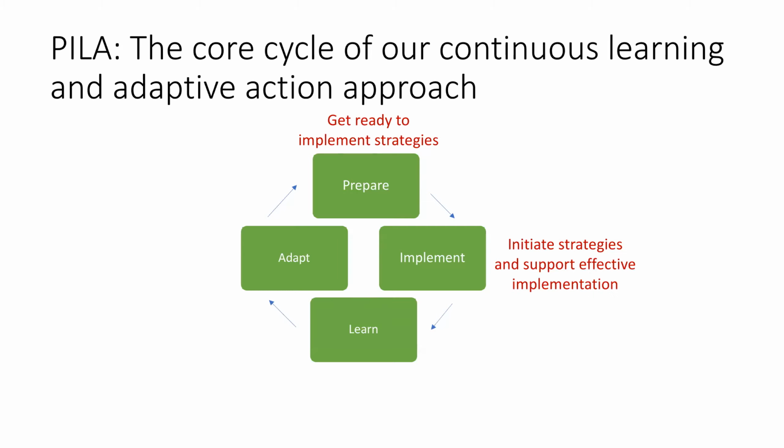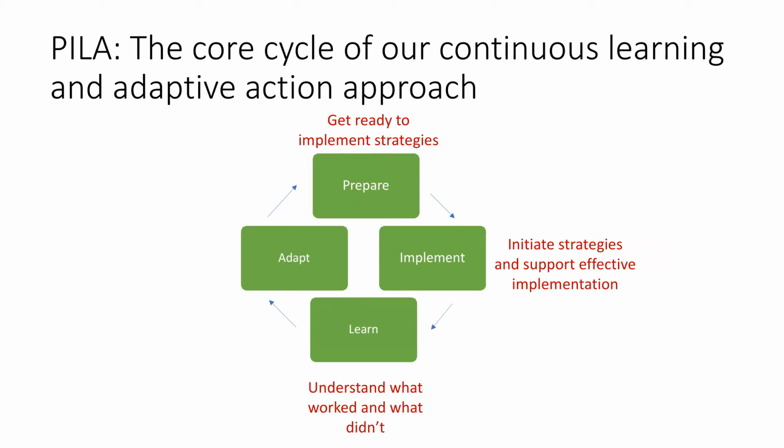The next phase of the cycle is what we're referring to as implement, and this is where we actually initiate the strategy, so we begin to take action, and while we're doing that, we are supporting the effective implementation of that strategy or that prototyping as we go. The third phase is what we refer to as learn, and this is where we take time to reflect on what worked or what didn't from the implementation that we just did.